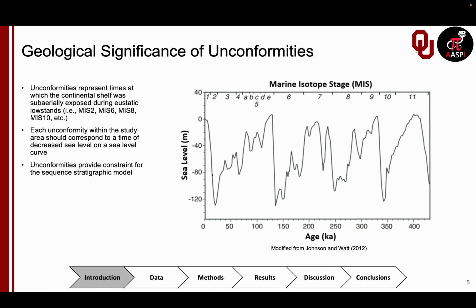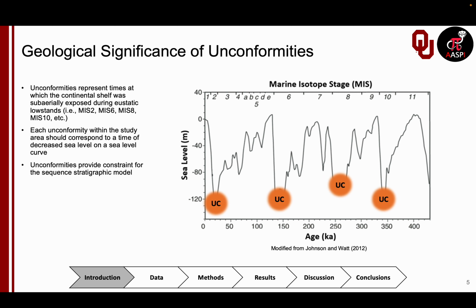We know that unconformities represent times at which the continental shelf was subaerially exposed, which would be during eustatic low stand events, like that MIS2, MIS6, MIS8 and MIS10 low stands that I just showed you. So in theory, each unconformity within the study area should correspond to a time of decreased sea level on our sea level curve.